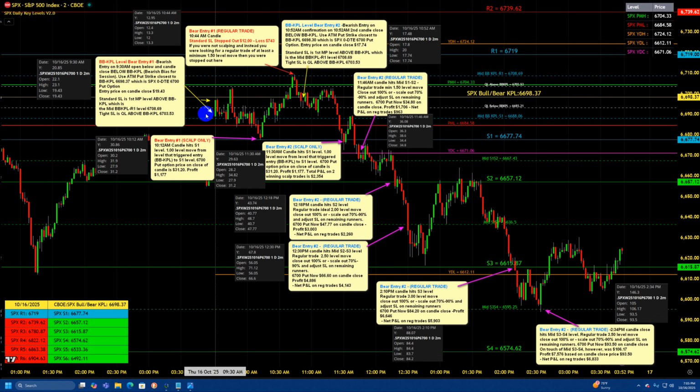Just like yesterday, the opening candle here, which we have marked off, the 9:30 a.m. opening candle, opened below the bull bear key price level, and it is contained below the bull bear key price level, meaning it did not cross up through it and then close below it. It stayed below it and also closed below it. Even though this is a green candle, it is still below today's bull bear key price level, so that is a bearish signal.